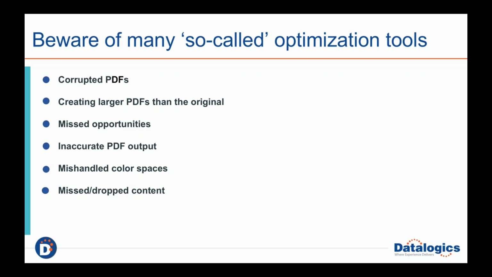There can simply be missed opportunities. Maybe you handed a file and, because of limitations of time and resources and understanding of the PDF format, for whatever reason, they decide they can't do a single thing with it, even though it's a very bloated PDF that could benefit from different things you can do in optimization. You can have inaccurate or simply incorrect PDF output, and I'll circle back to that one in a moment. And you can also have inaccurate color space representations or conversions. PDF supports several different ways of representing color, and some of the more complex ones aren't well understood, and they aren't all supported in different PDF software.